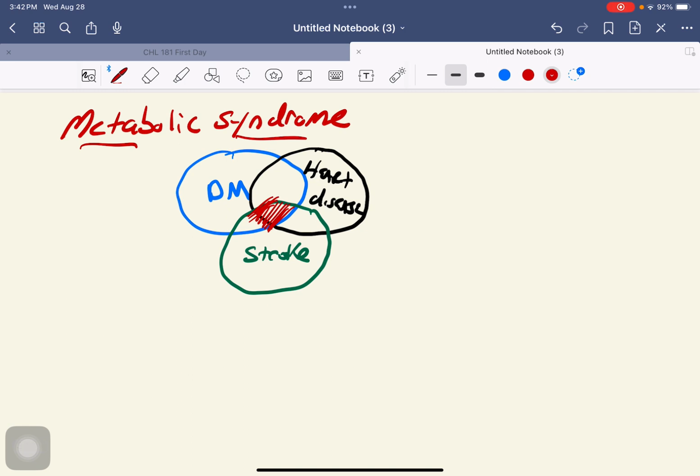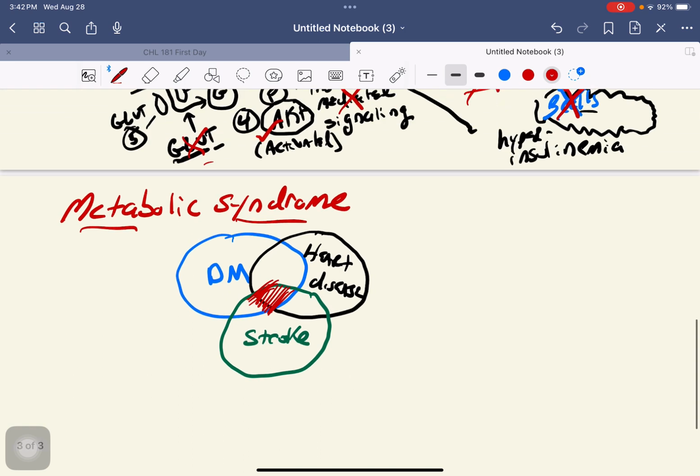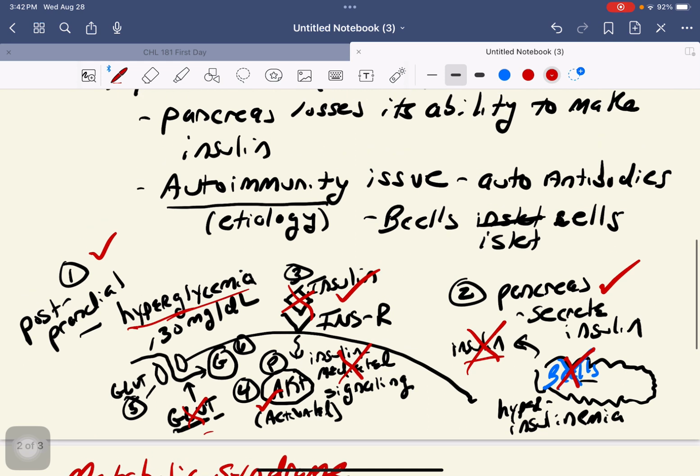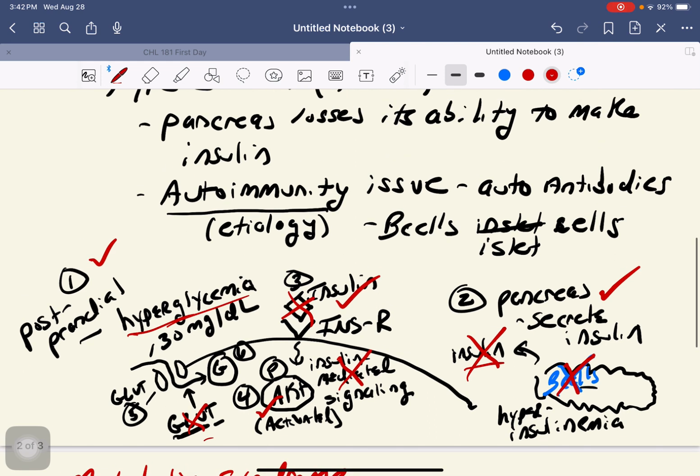So going back to type 1 diabetes, it's really the lack of insulin that is the problem. I want you to recognize that, this lack of insulin being the issue.